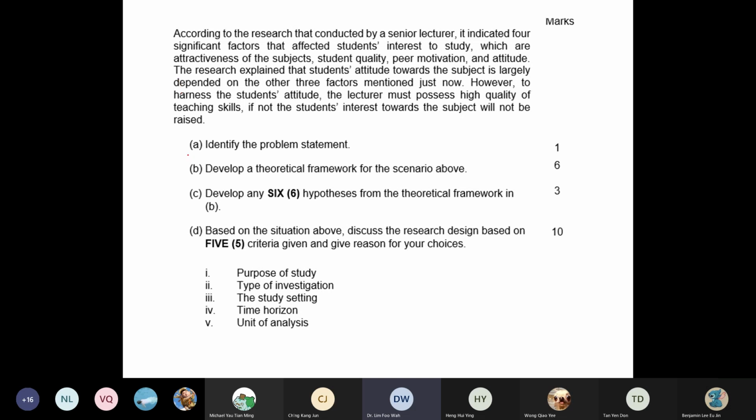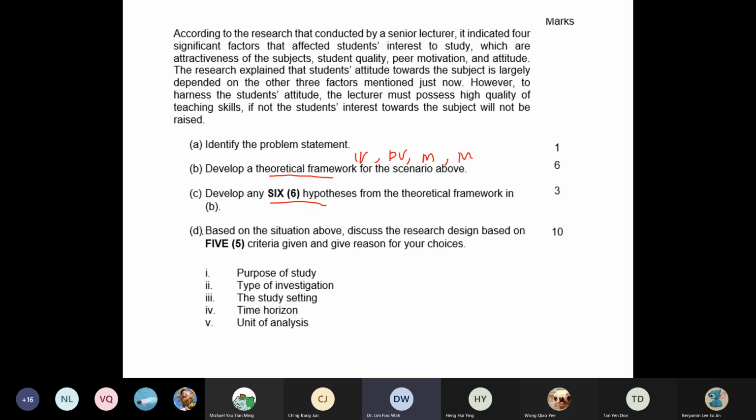For example, first identify the problem statement. After going through the scenario, I need to know what the problem statement is. Second, the question requests you to develop a theoretical framework for the scenario above. That means you need to identify the IV, DV, moderating variable or mediating variable. Then from the framework you have developed, you form hypotheses, but stated here only 6 hypotheses.